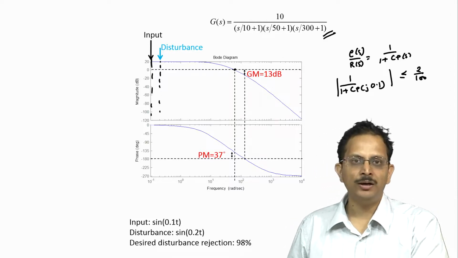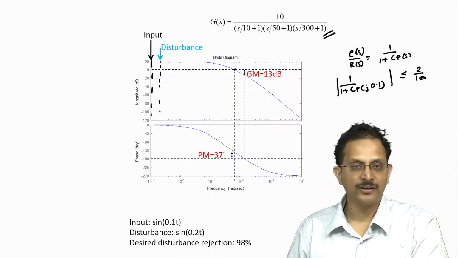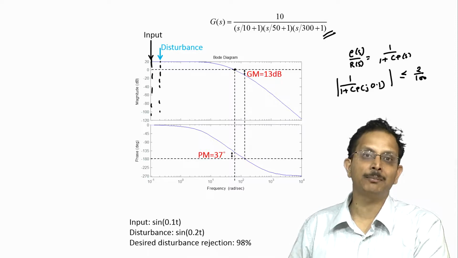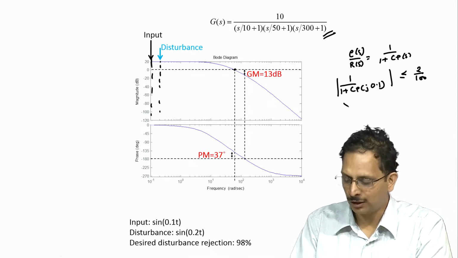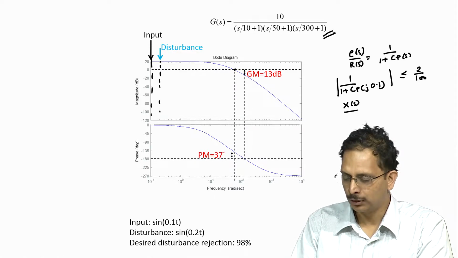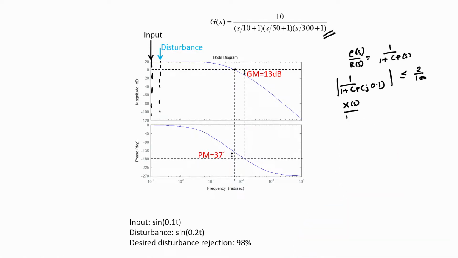Likewise, we want an output disturbance that affects our plant to also be rejected by 98%, which means that the transfer function that relates the output X(s) to the disturbance D(s), which is given by 1/(1+CP), should also assume a value of less than 2% at the frequency at which the disturbance affects our system.